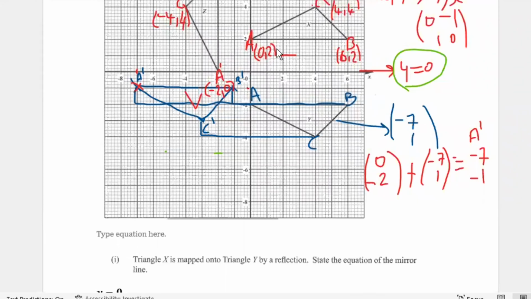But anyway, anywhere the mirror line is, it is usually either cutting your x-axis or your y-axis, and that is what you'll use in determining what the equation is.